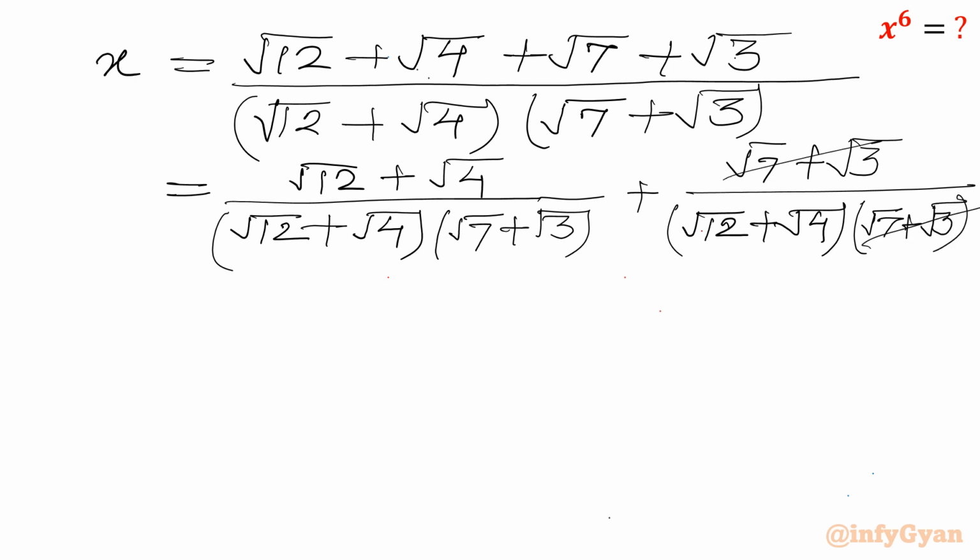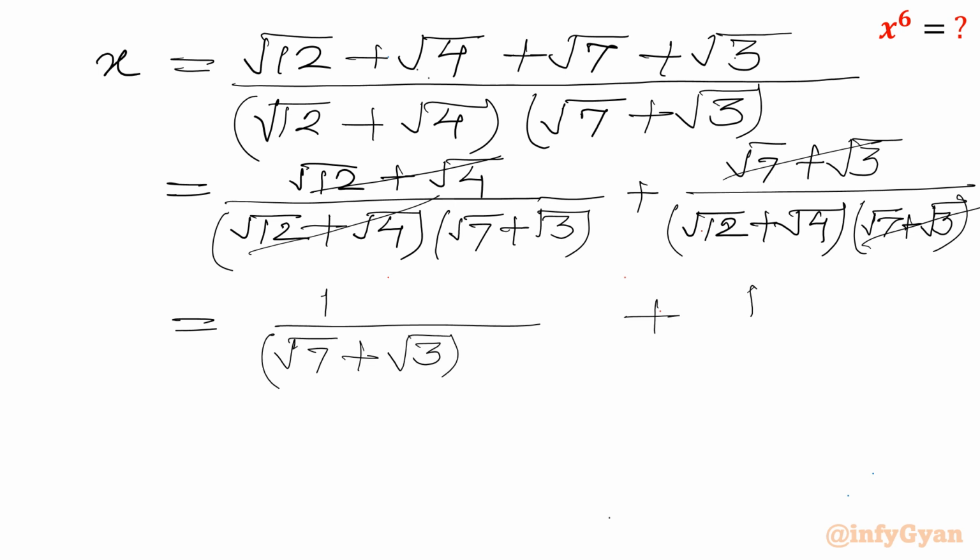Now we have to cancel root 12 plus root 4 here. So it is left 1 over root 7 plus root 3 plus 1 over root 12 plus root 4.